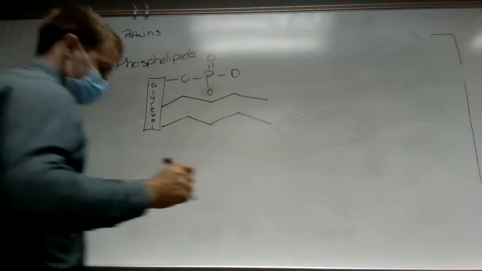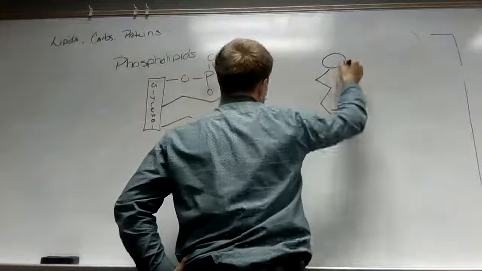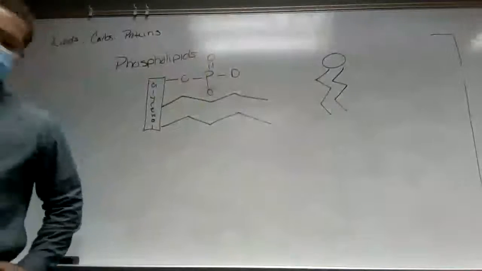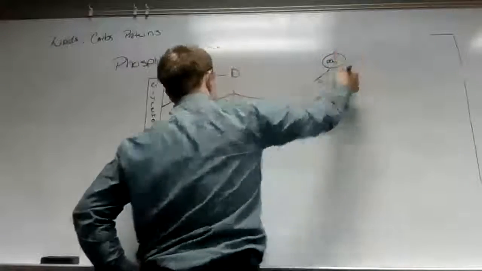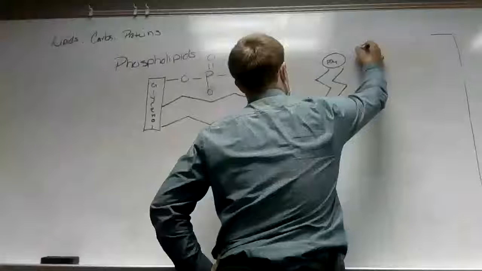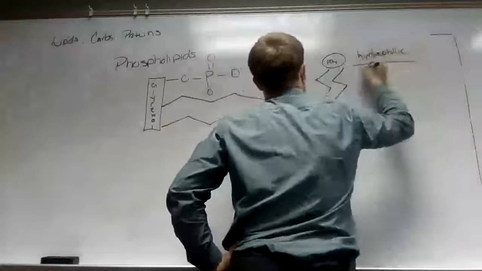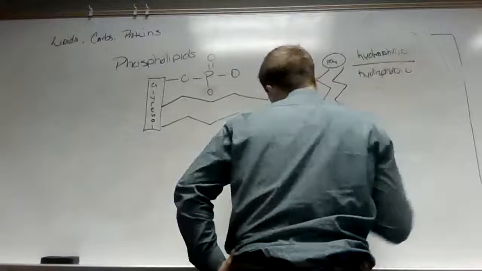You may see this especially in your membrane diagram. So this is our phosphate head, and these are our fatty acid tails. Phospholipids are important because they have a hydrophilic and a hydrophobic region.